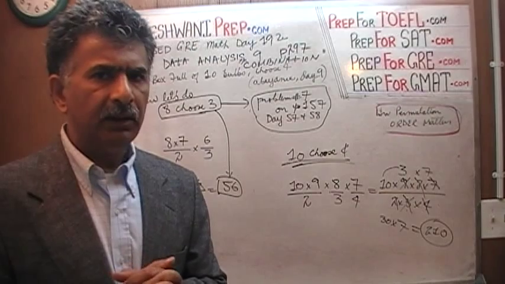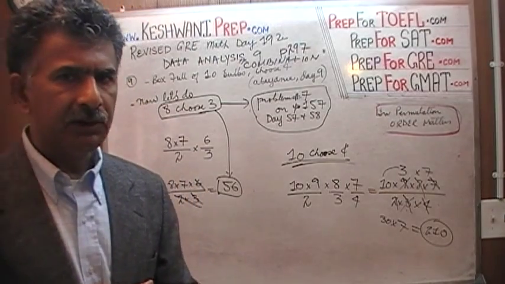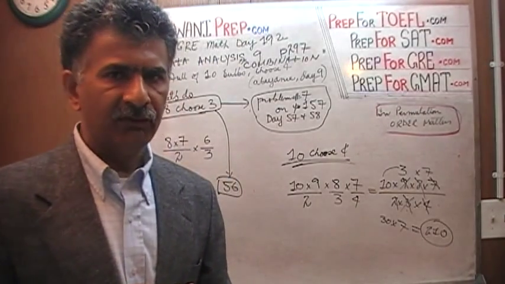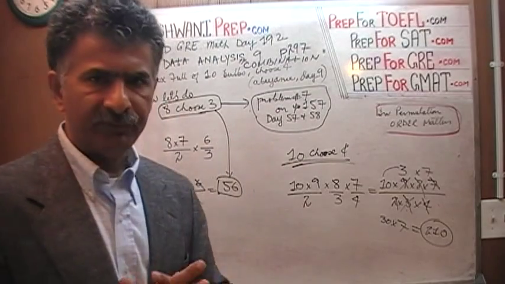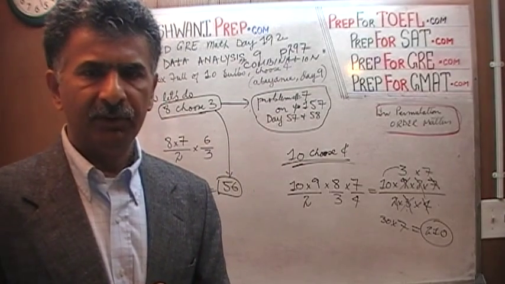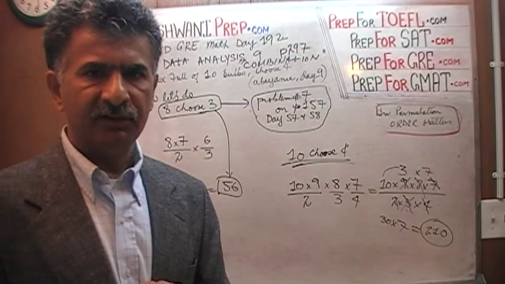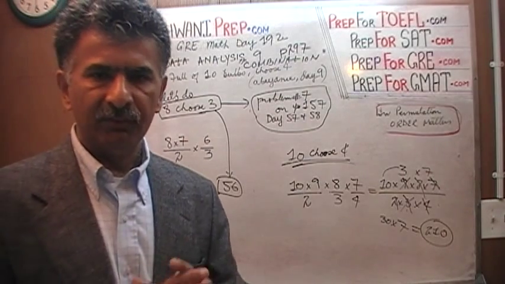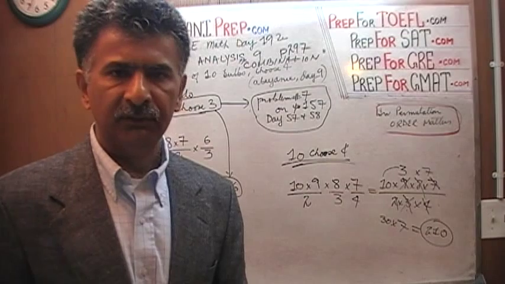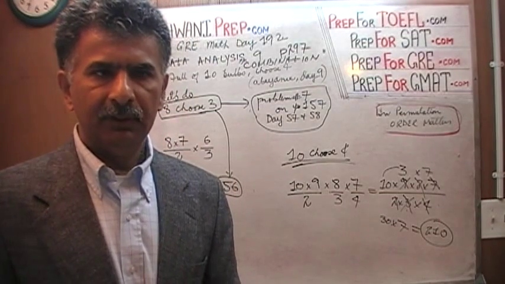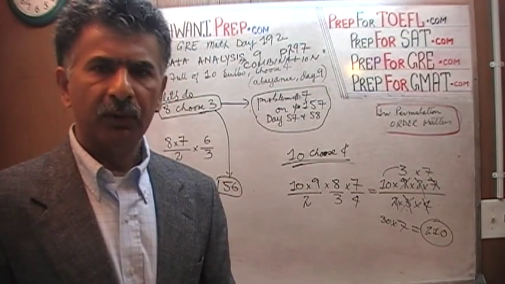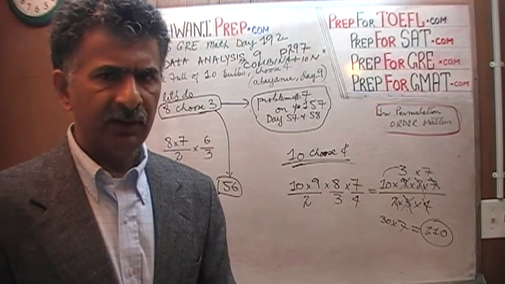Now there are many new topics that are covered in the new GRE that simply did not exist in the old GRE. This is one of their new ones here, permutations and combinations. And in geometry they have introduced this concept of graphs of circles and parabolas and what they call piecewise functions. All of these things didn't exist before.